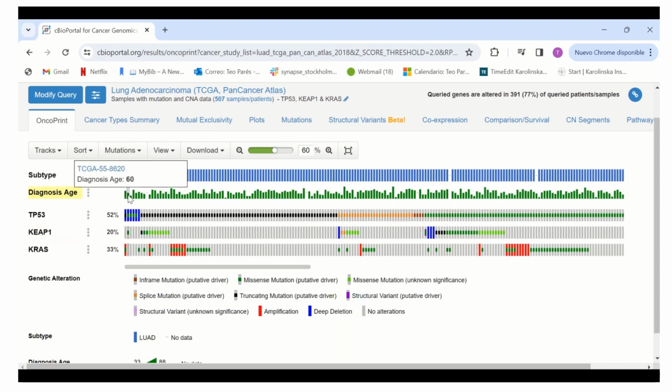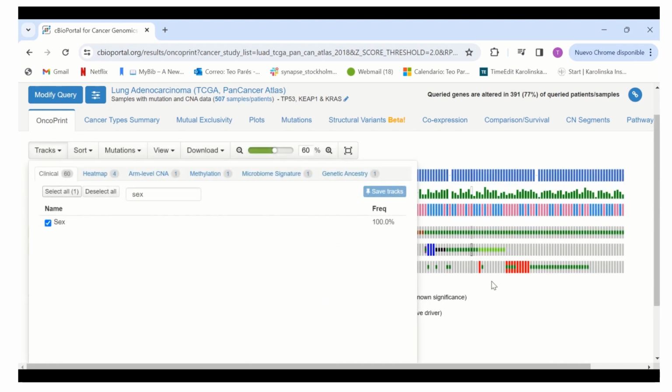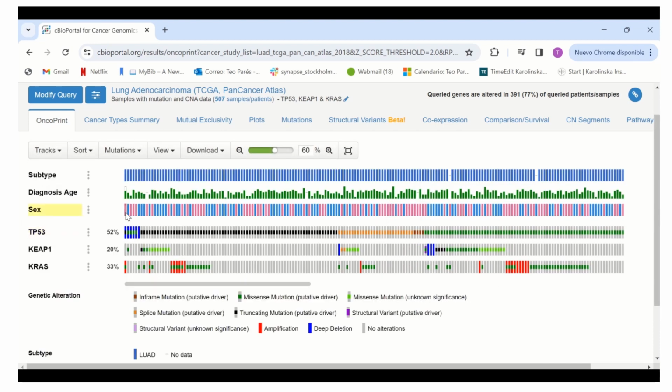We can see the first patient was diagnosed at 69, the second patient 60, 47, and so on. Then we could also add a sex track, and then we can see if the patient is female or male.